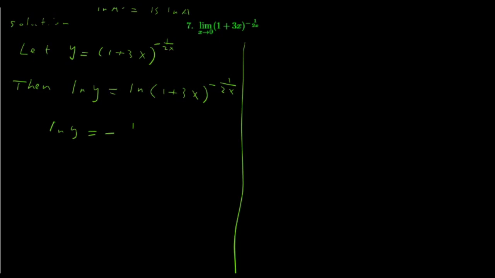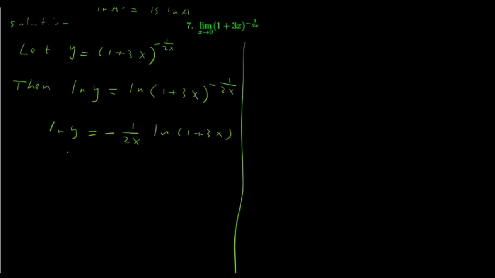I'm going to write that in terms of a quotient. Now it's easy, right? In terms of a quotient, natural log of y is equal to, probably I want to leave the negative sign on the denominator. It doesn't matter whether you leave it on the denominator or numerator.